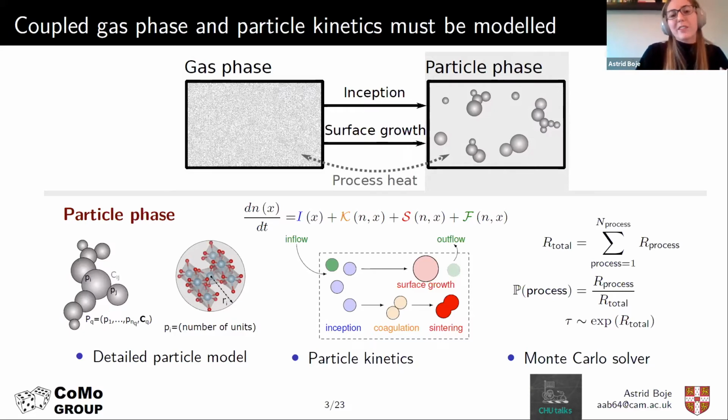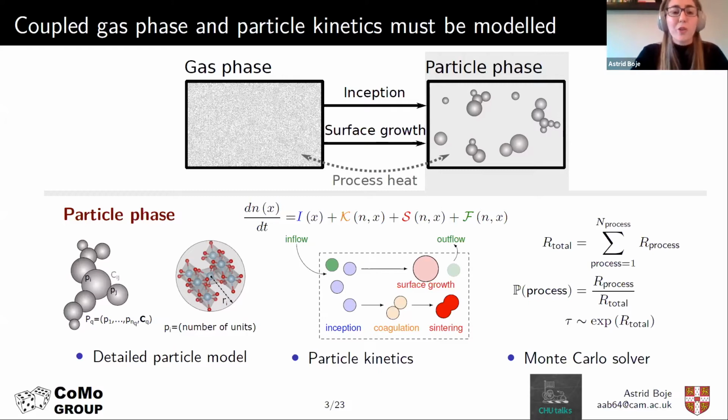So the particle kinetics include inception from the gas phase, which I've mentioned already, as well as various growth mechanisms, including coagulation, where particles collide and stick together in point contact, and sintering, where over time they reduce their surface area for energetic reasons. And this results in a degree of overlap, forming a neck between the two particles.